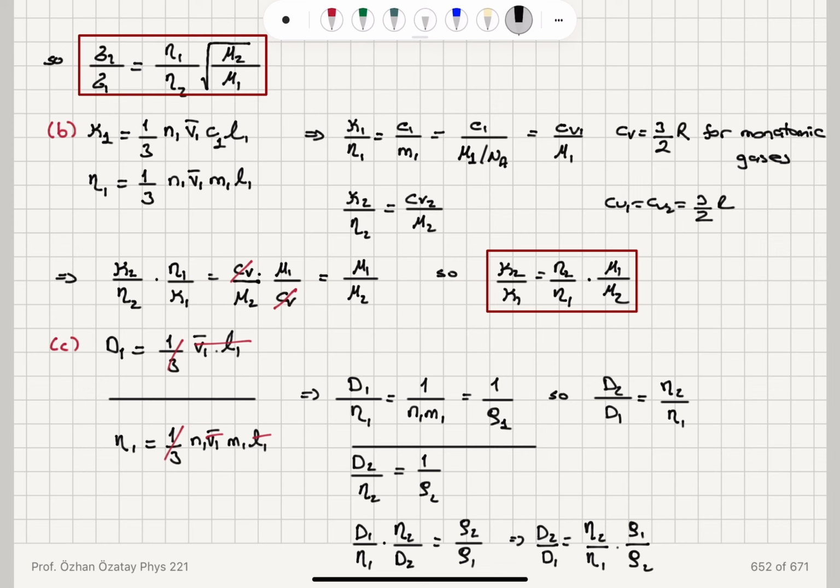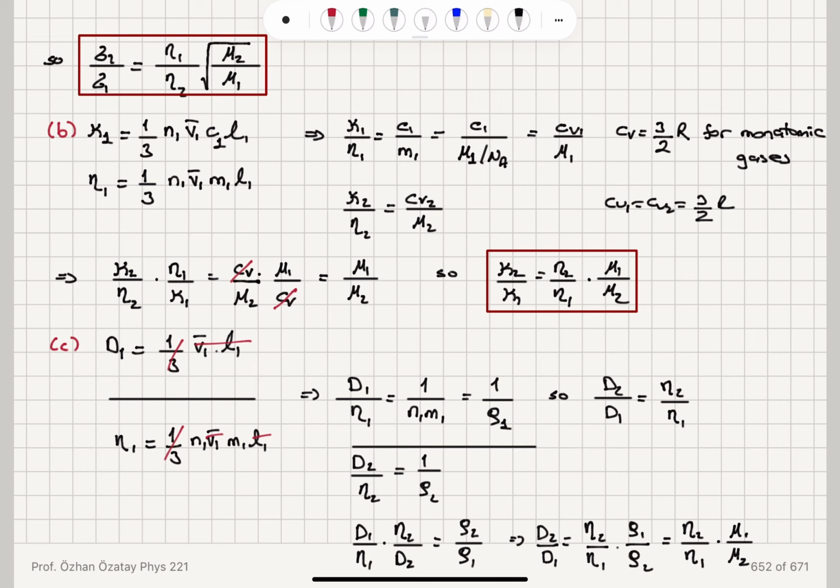So at the same time, the density is basically total mass divided by the volume. So the mass of 1 mole is basically the molecular mass. So let's say that we have 1 mole and we have the same volume. Then this will give us, for the final answer, eta 2 over eta 1 multiplied by mu 1 over mu 2.